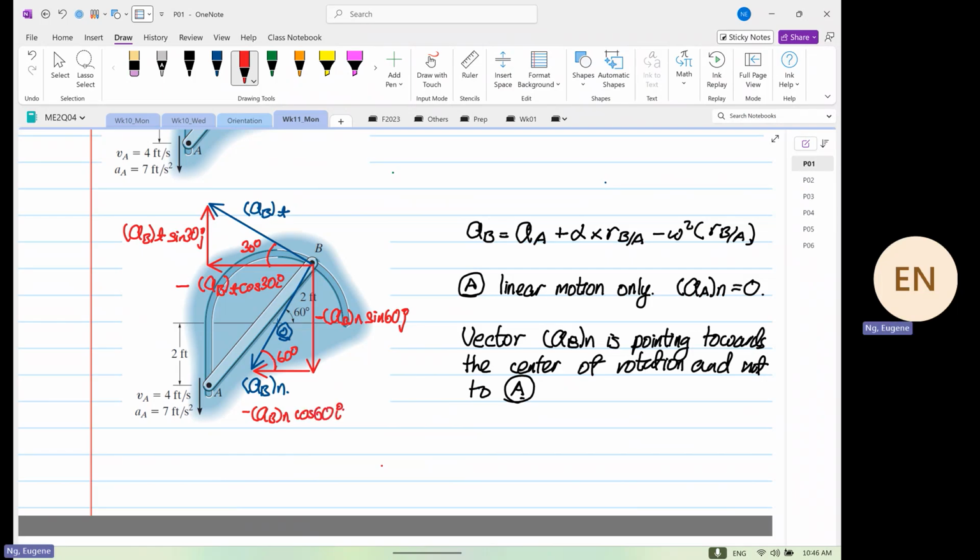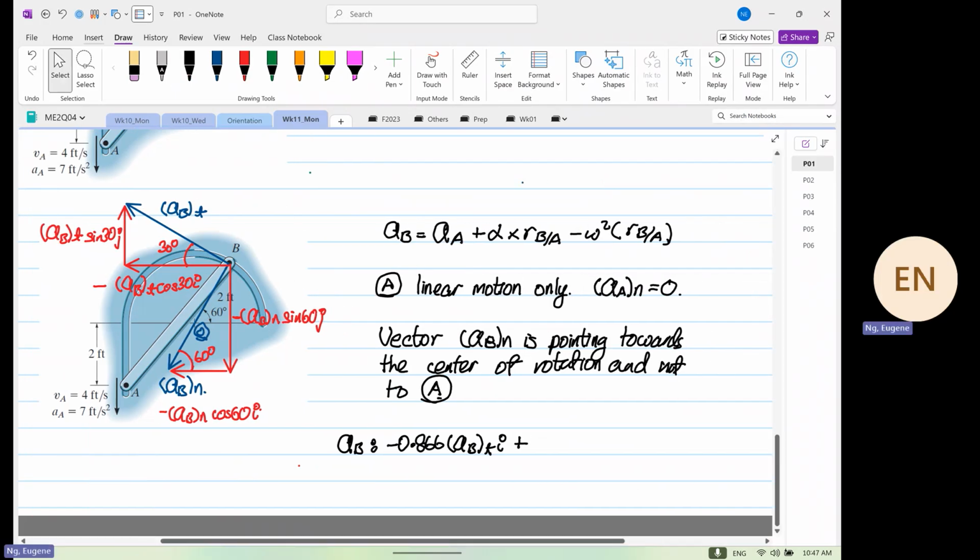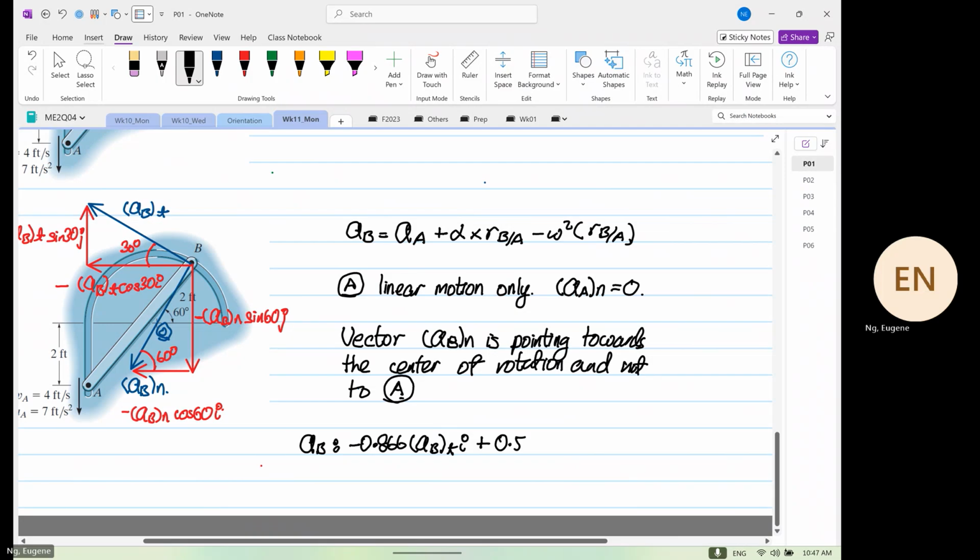Okay. So just AB alone, you have minus 0.866 ABT in the i direction plus 0.5 ABT in the j direction.